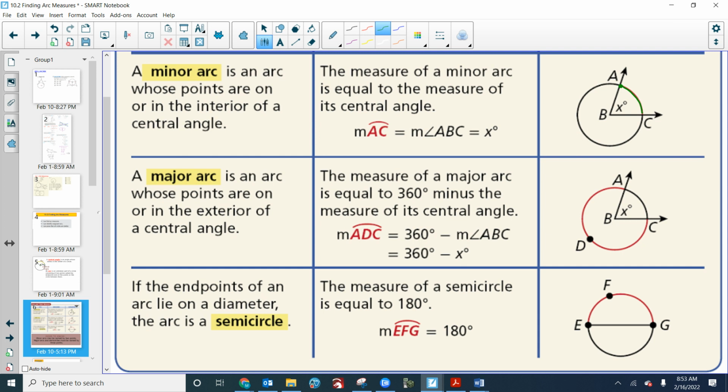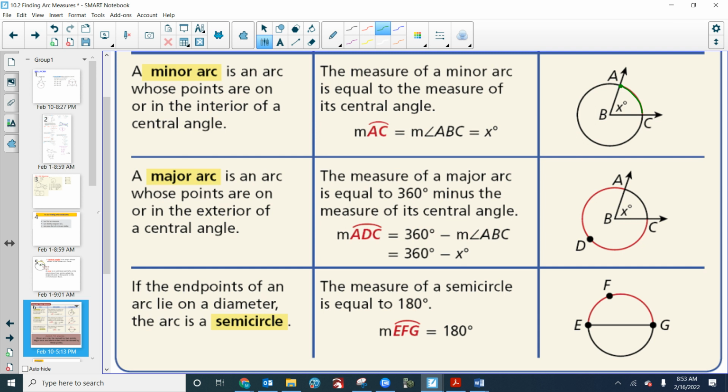So the measure of arc AC, and I told you it's the same as the measure of the angle at the center of the circle. They're both x degrees. And for that one, maybe an example would be 60 degrees for that central angle. So what would its arc be? If the angle ABC is 60 degrees, what's the arc?